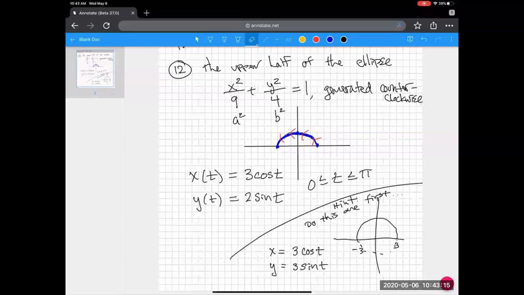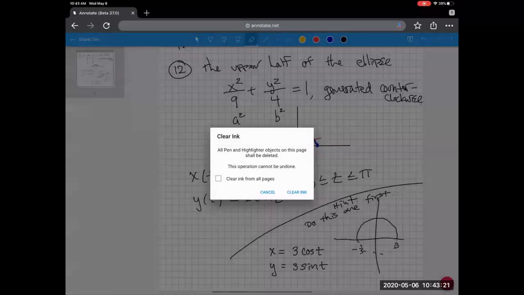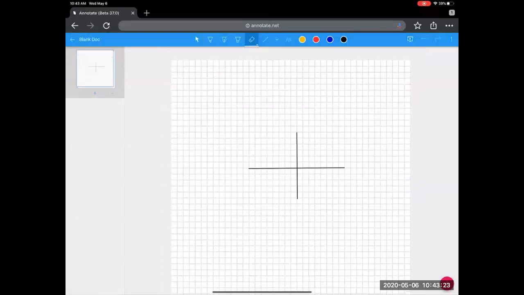All right, so this is kind of a nice problem to transition us into doing polar stuff. So let's also do this.